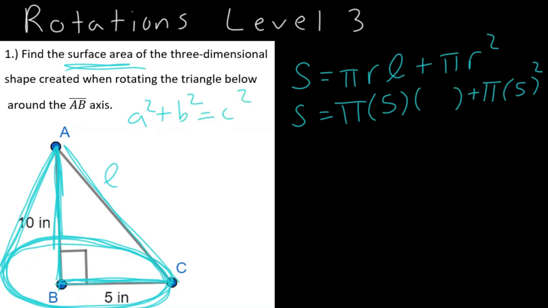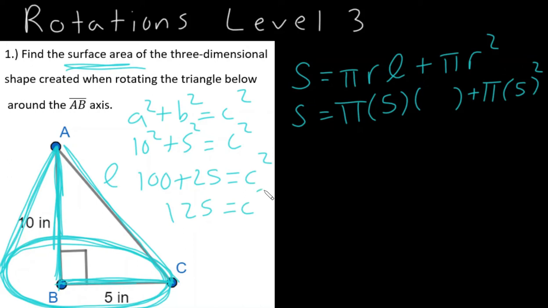Okay, so since 10 and 5 are the legs of this triangle, we can just write 10 squared plus 5 squared equals c squared. And these are actually fairly easy numbers. You know these. What is 10 squared? 10 times 10 is 100 plus. What is 5 squared? 5 times 5 is 25. And this, of course, equals c squared. Well, 100 plus 25 is 125 equals c squared.